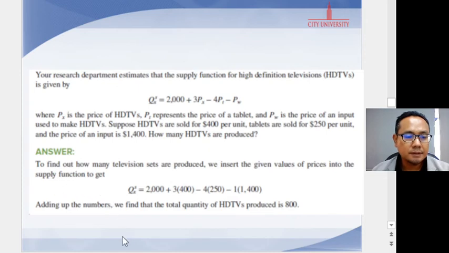So here, 2000 plus 3 times $400, and then minus 4 times $250 per unit, and then minus 1000, for 1400. So adding up the numbers, we find that the total quantity of HDTVs produced is 800.